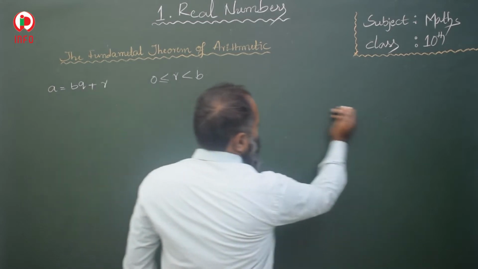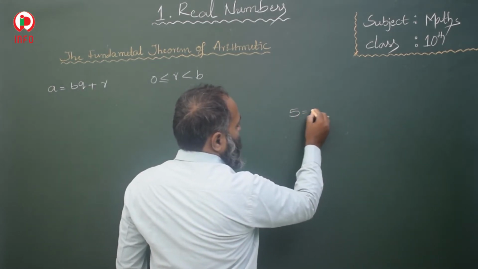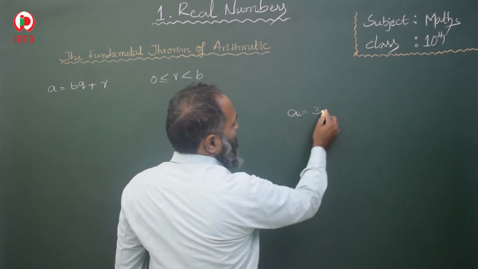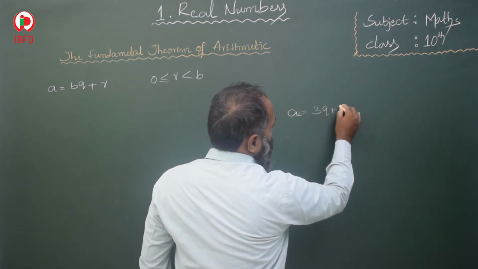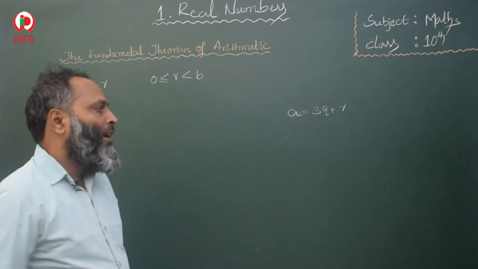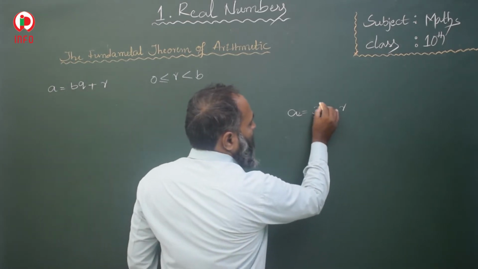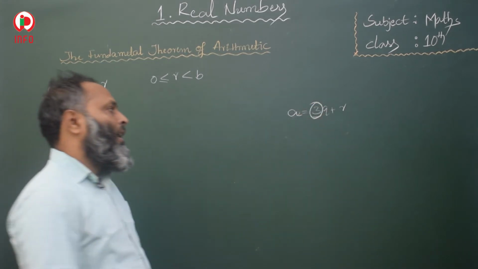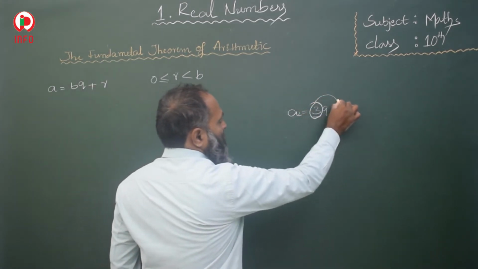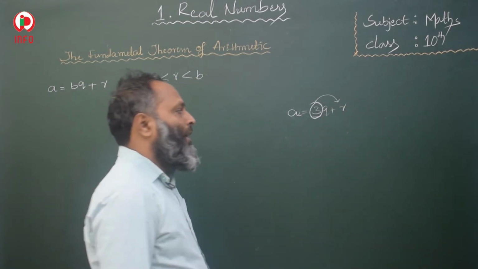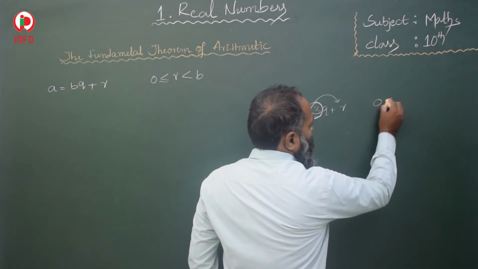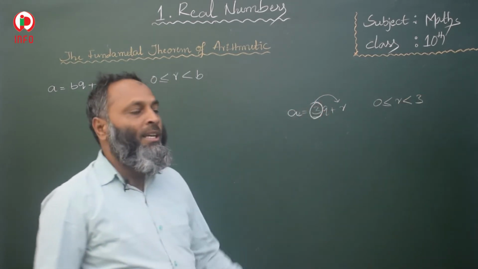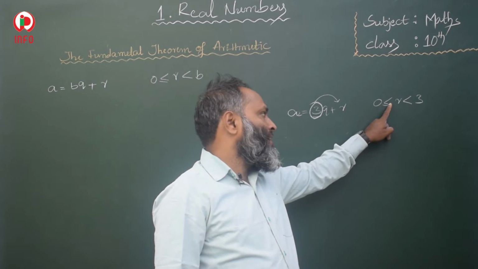Suppose a is any positive number, a is equal to 3q plus r. Here we are dividing by 3, so 3 is the divisor. When 3 is the divisor, the remainder is from 0 to less than 3. 0 is included, because 0 is less than or equal to.